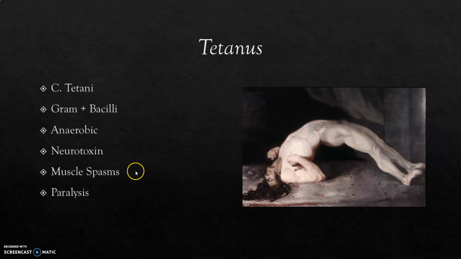But ultimately, these muscle spasms are constant contraction of the muscles, which leads to paralysis and lockjaw. It's one of the first symptoms. This is some of the pictures that I withheld. Your face kind of crunches up into this weird-looking smile, and you can't move your jaw or your mouth.